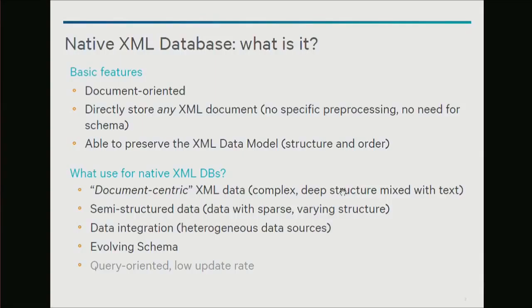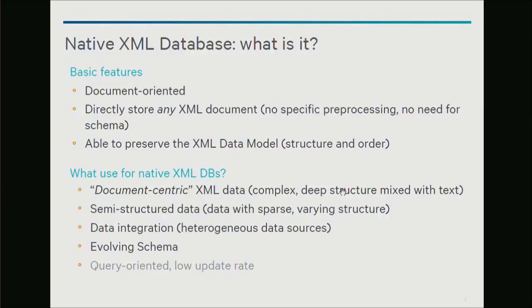So when is it a good idea to use native XML databases? It is when you have document-centric XML data, which means complex documents with deep structure and mixed with text, which is typically our use case, patents.